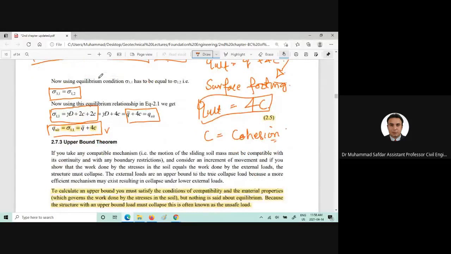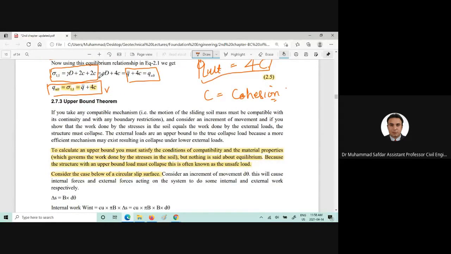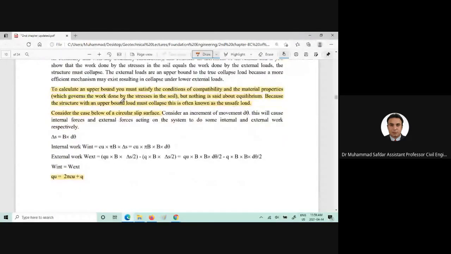Now, if we want to find out the upper bound, we are only interested in finding this ultimate bearing capacity, that is, what should be the lower bound solution.